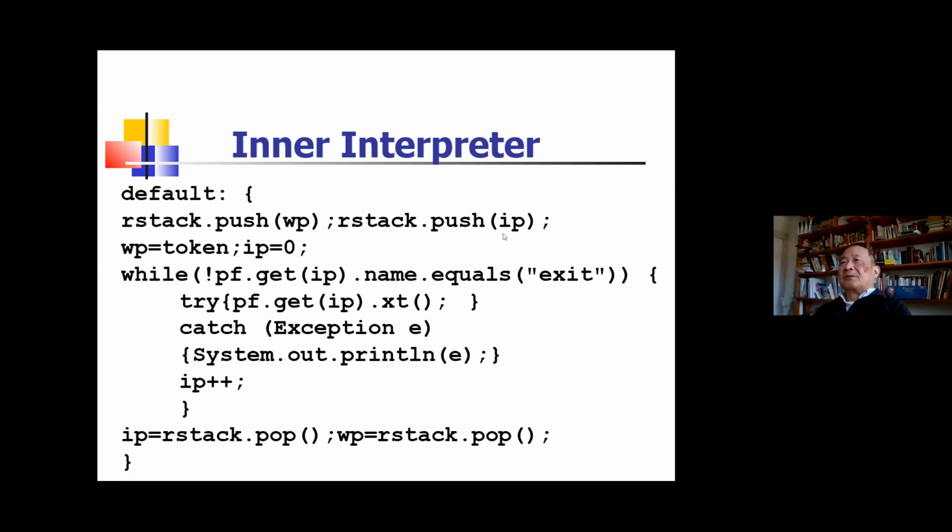So the inner interpreter, I have to expand it to handle the structures. And so I have to have the word WP to point to the current word, and IP pointing to the current object that's being executed.